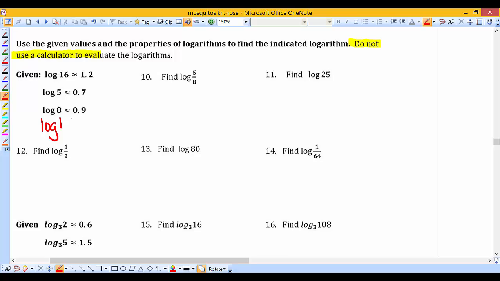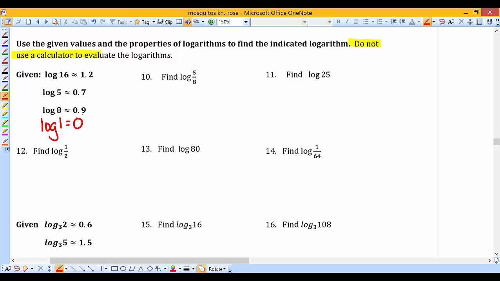I know that the log of 1 equals 0. Anything to the 0 power is 1. So that's on your foldable. So I could use a 1, and once I see a log of 1, I can put 0.